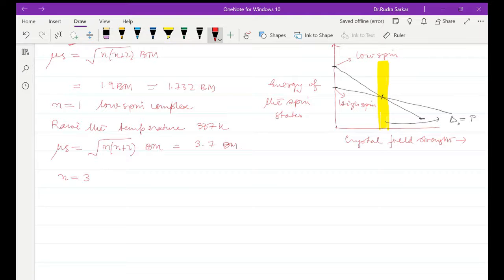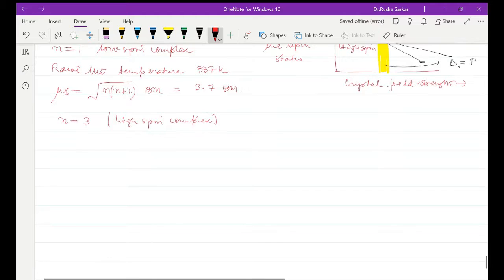So this is a high spin complex because only D7 high spin, as you can see. All right. So this is say D7, sorry, high spin. That means 1, 2, 3, 4, 5, 6, 7. So you have n equal to 3.